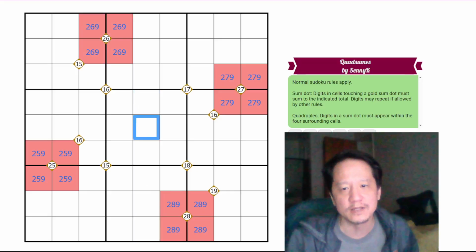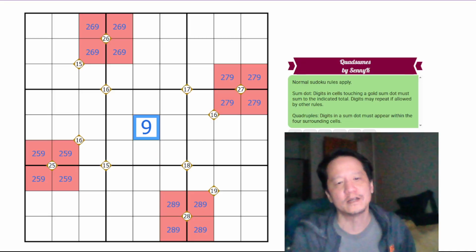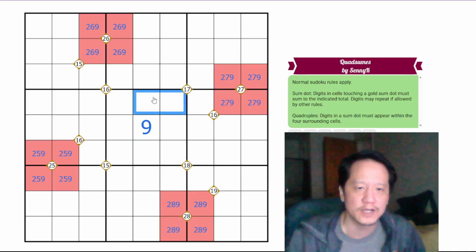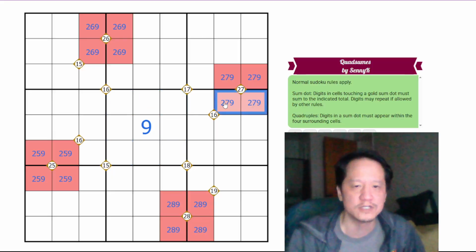That leaves this as a 9 here, because there's no other place for the 9s, since they're eliminated in the central box. Here, because there's a guaranteed 9 here. Here, because there's a guaranteed 9 here. And here, because there's a guaranteed 9 there.